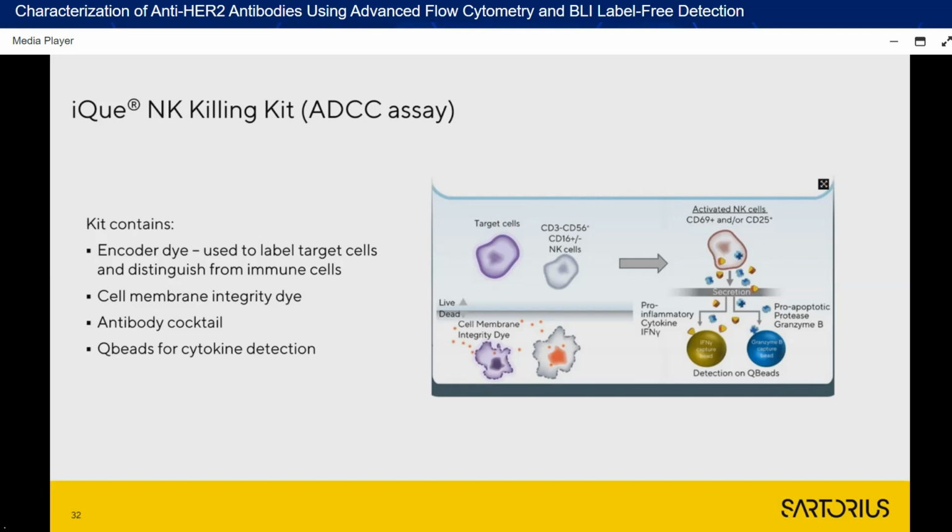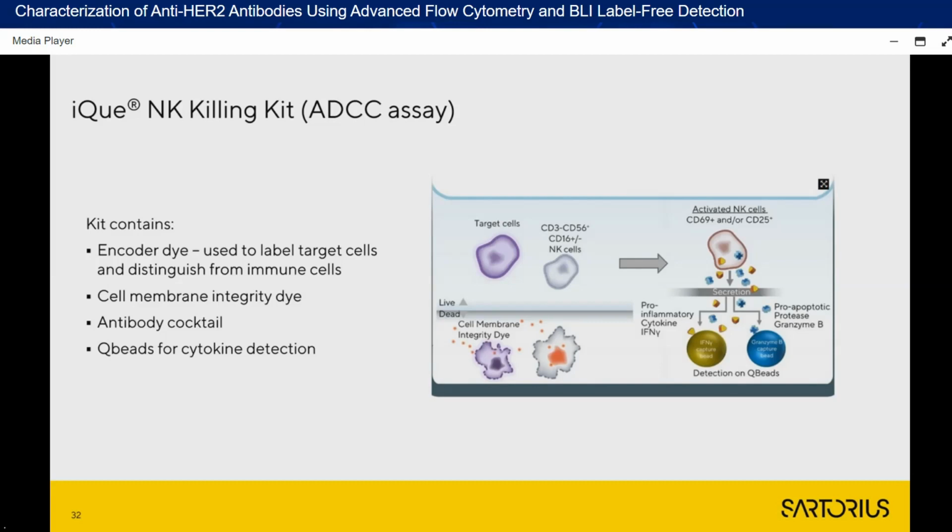Again, it contains a membrane integrity dye, and then it also contains an antibody cocktail. So this allows us to phenotype the NK cells, so the CD3 minus, CD56 positive population. We can then also measure the CD16 expression, so that's obviously a strong indicator of ADCC activity. And then we can also look at the NK activation, so using markers CD69 and CD25.